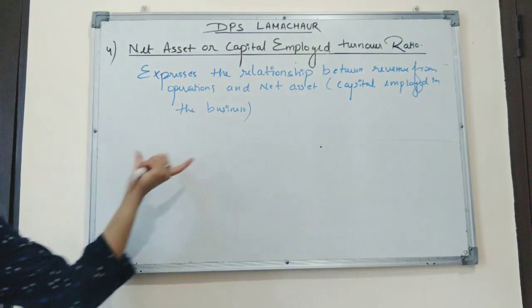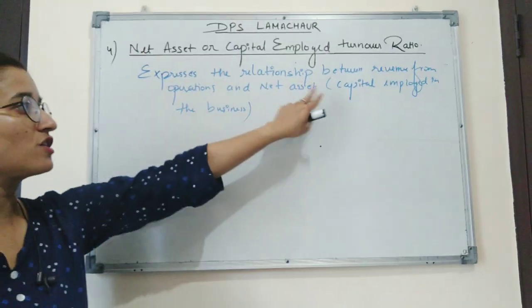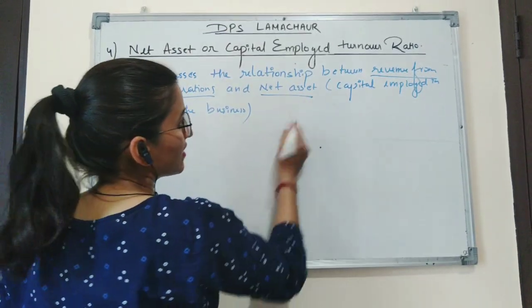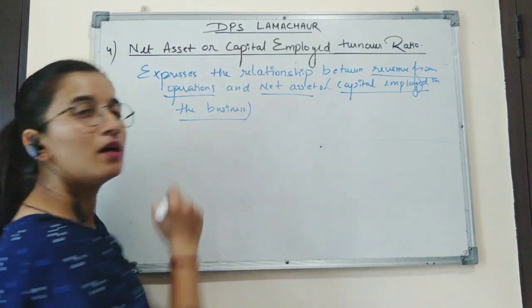So, the net asset turnover or capital employed turnover ratio expresses the relationship between revenue from operations and net asset or capital employed in the business.